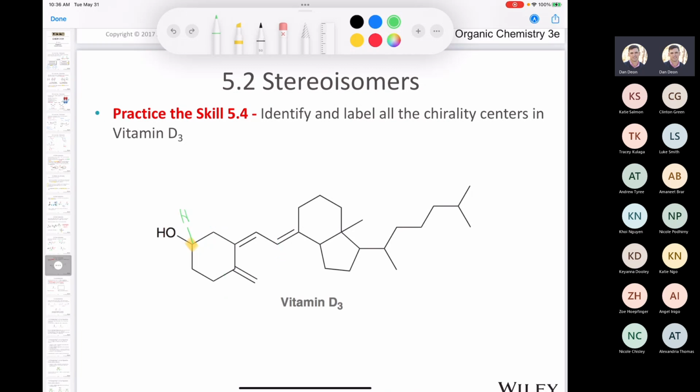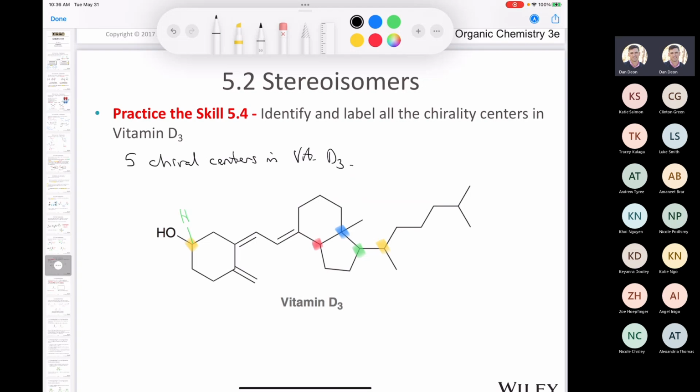We also have a chirality center over here, and here, and here, and here. And those are all the chirality centers in this molecule. Every single one of those is a chirality center. So we have 5 chirality centers in vitamin D. 5 chiral centers in vitamin D3.